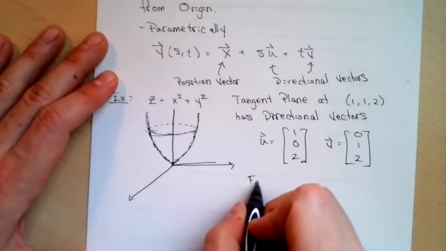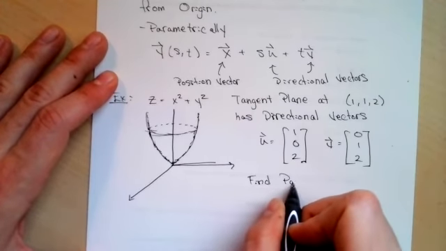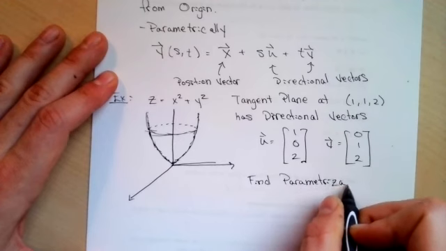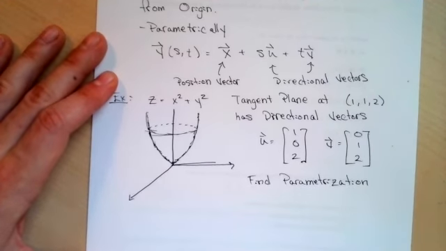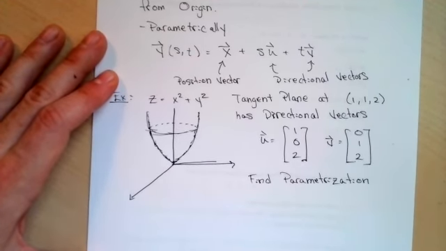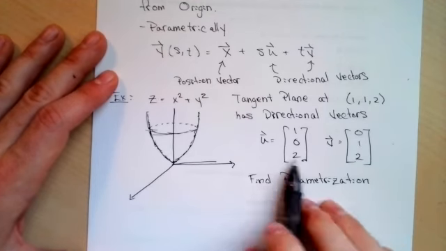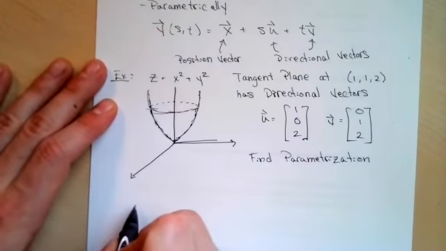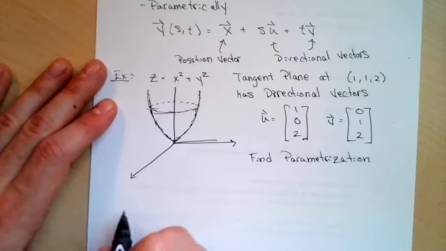And we want to find the parameterization. So we're given the directional vectors and the starting position. We can essentially just define it as that.